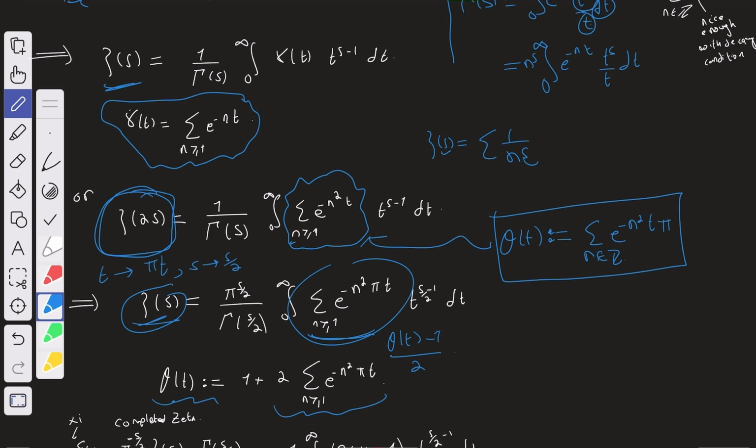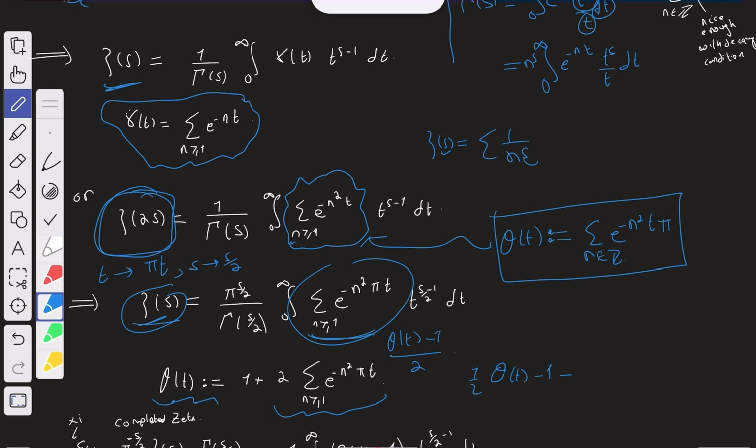So before we discuss the functional equation of theta, which we won't prove, it's just an easy application of the Poisson summation formula. Before we discuss that, let me turn your attention to a very nice thing here. If you look at theta of t minus 1, you can write this as 2 times, or maybe let's divide by 2.